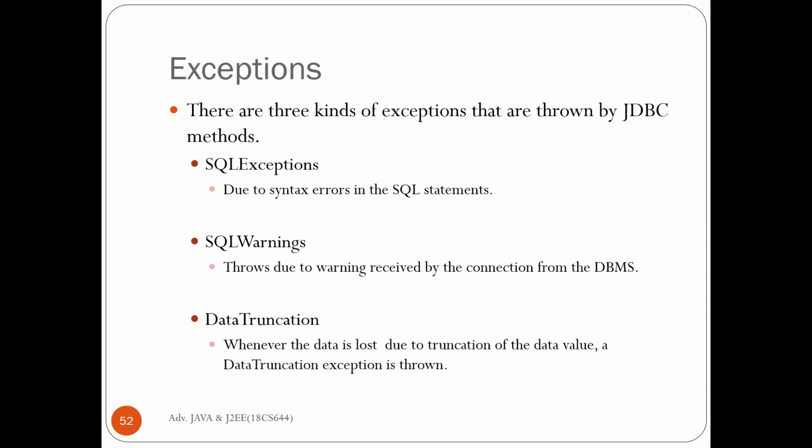While executing, we discussed the statement object, the 3 kinds of objects: statement, prepared statement, and callable statement. While processing the result, we discussed the result set, that is scrollable result set and updatable result set. Then transaction processing, and today result set holdability, auto generated keys, and metadata information.